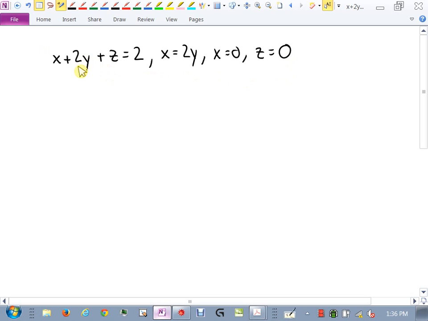So what is this right here? In three-dimensional space, what is this? A plane, right? What's the normal vector? 1, 2, 1, right? Okay, so that's a plane. What is this other one? That's x equals 2y.